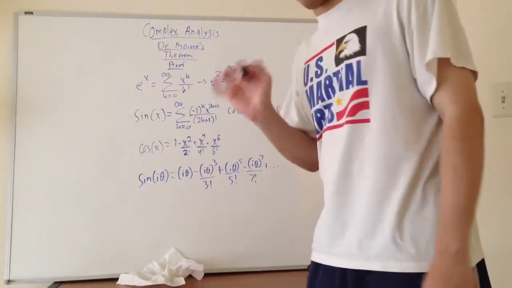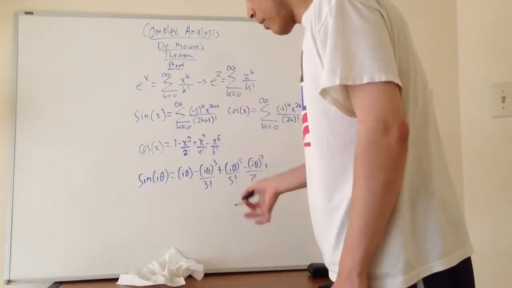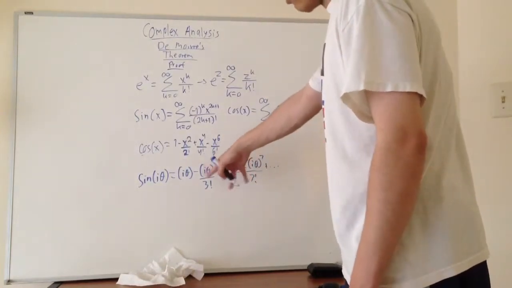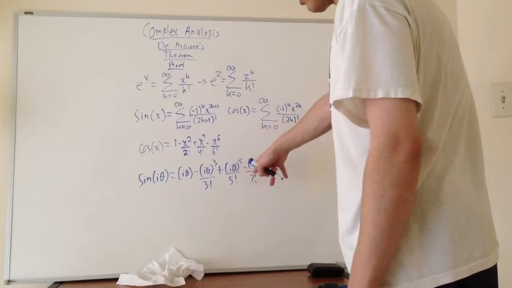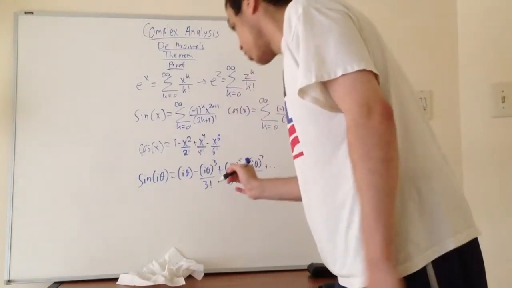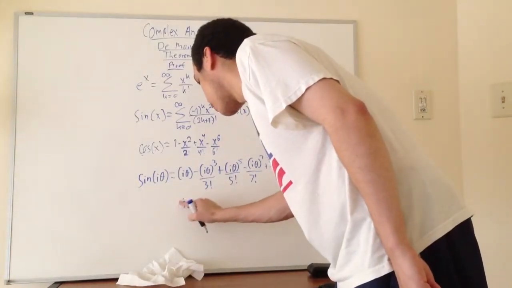Now, here's where the properties of imaginary numbers become incredibly useful. Keep in mind that I can always factor out this i out of each of these thetas, but before I even do that, I'm going to just write it as i theta. Actually, I can even get rid of the parentheses.